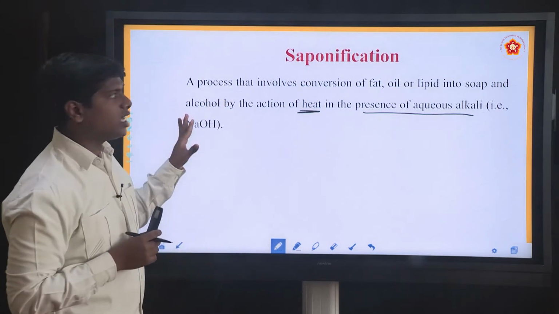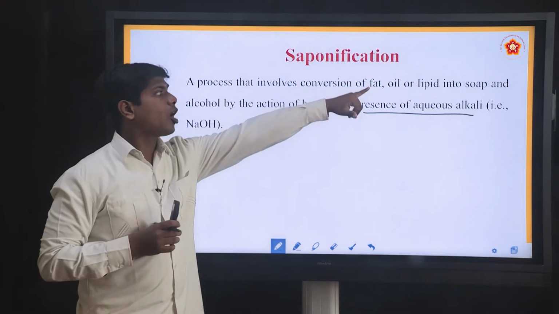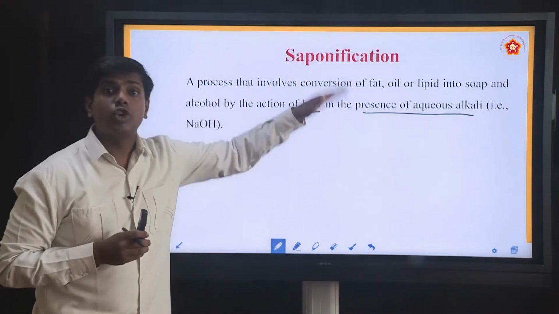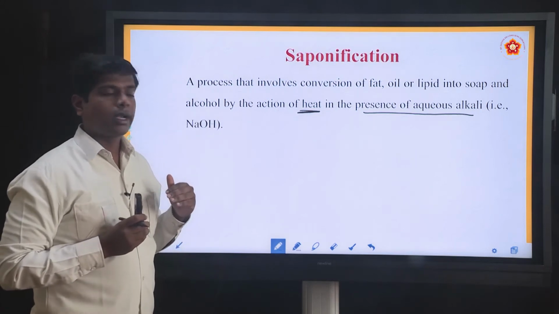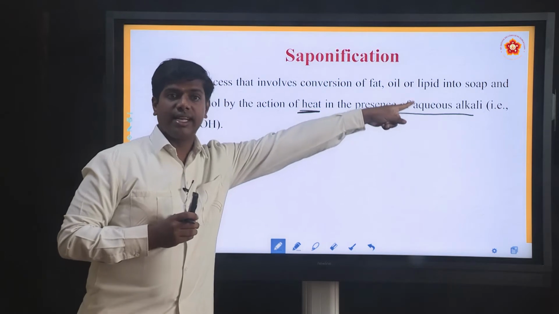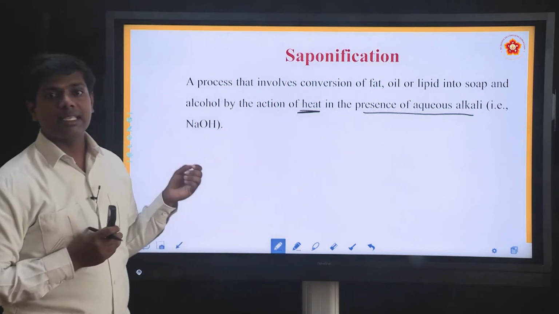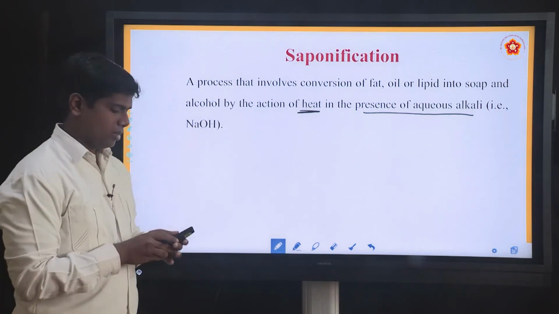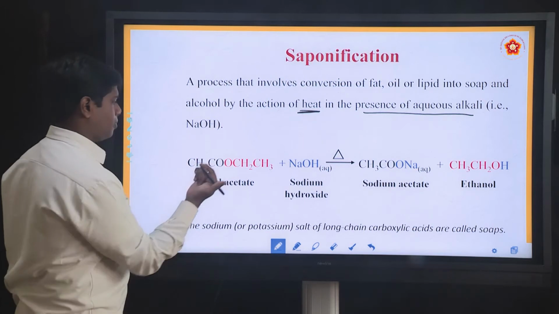What is saponification? The process of conversion of fat or oil or lipid into soap and alcohol by the action of a base, NaOH, or in the presence of aqueous alkali. This is the reaction. Please note down.